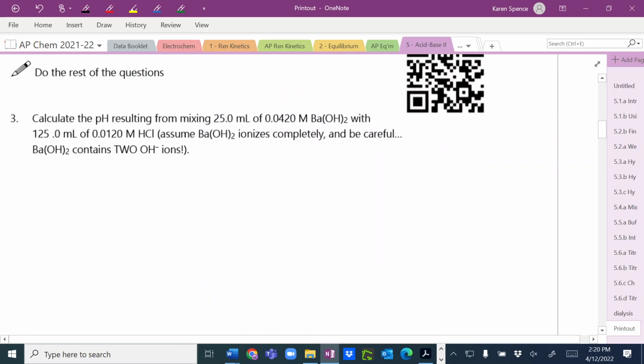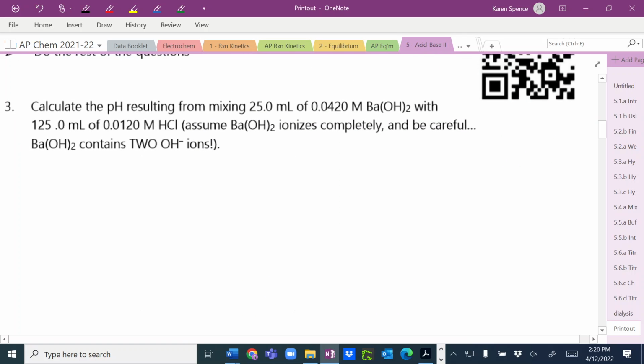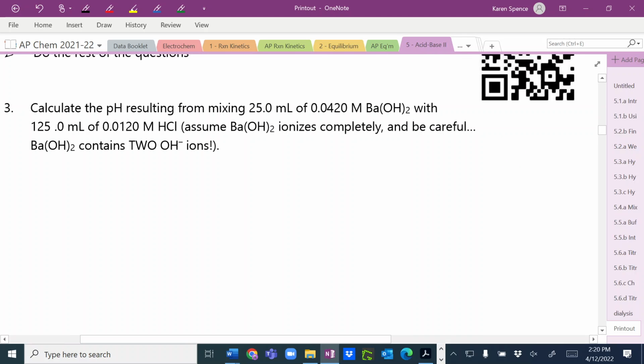What do you think about this one? There's something a little different here. We have 2 OH minus for every one Ba, so this is not going to be one-to-one stoichiometry.